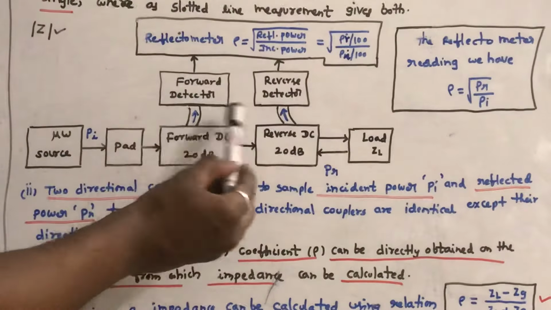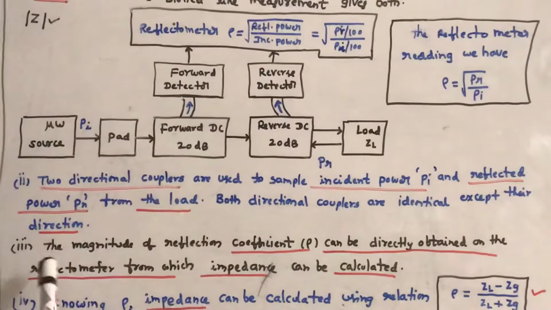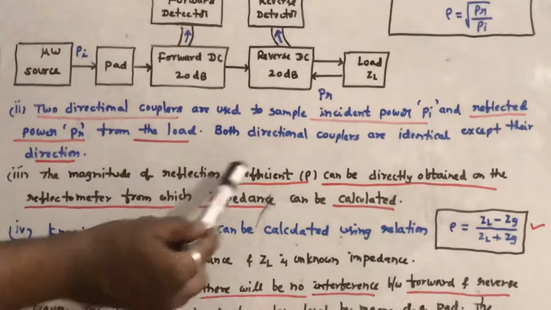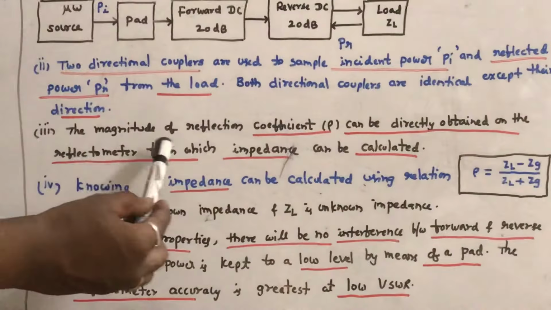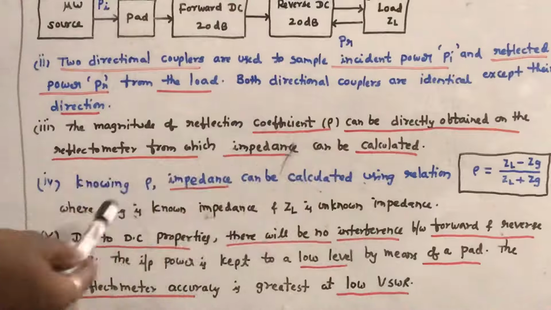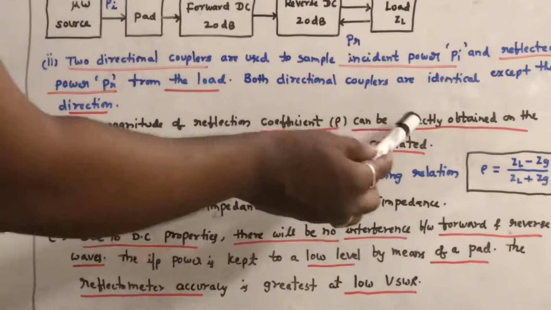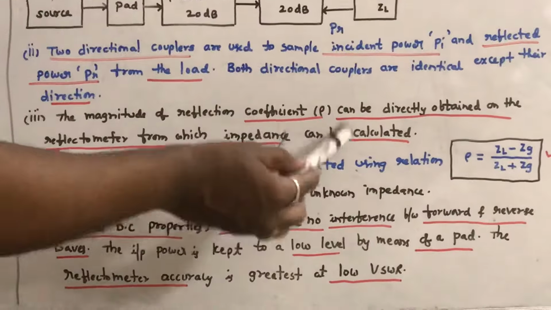The magnitude of reflection coefficient can be directly obtained on the reflectometer, from which impedance can be calculated.